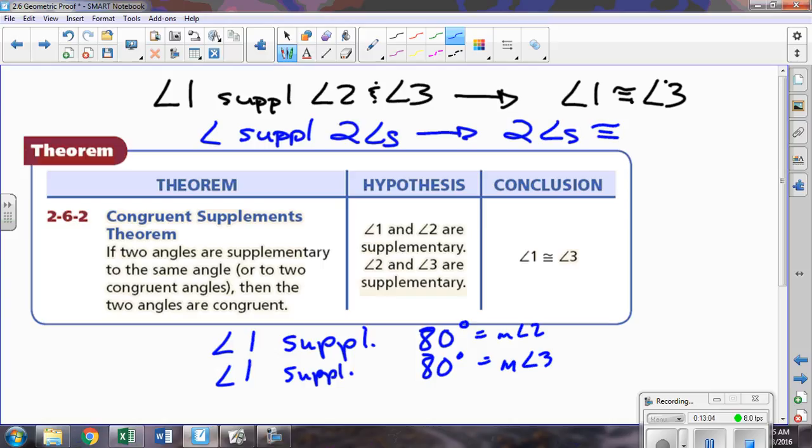Where this type of thing will get used is if angle 1 is supplementary to 80 degrees, what do you instantly know about angle 1? Well, if they're supplementary, they add up to 180. So angle 1 plus 80 will equal 180. That tells us angle 1 has to be 100 degrees. And if angle 1 is supplementary to angle 3, that's still going to be 180 degrees. So basically, what this is telling us then is if angle 1 is 100 and 100, what winds up happening then is these two pieces would wind up being the same.